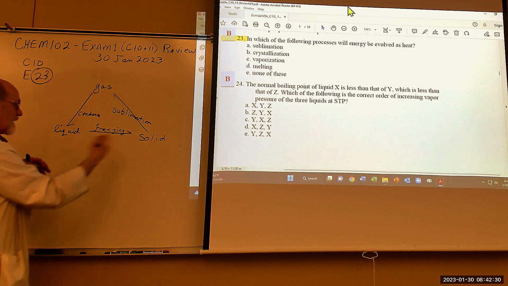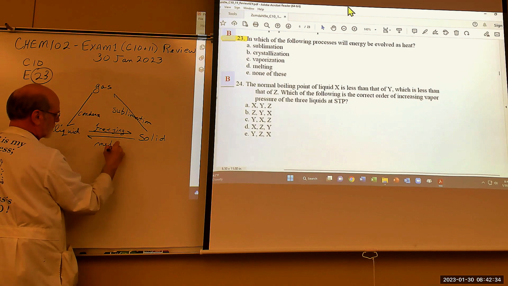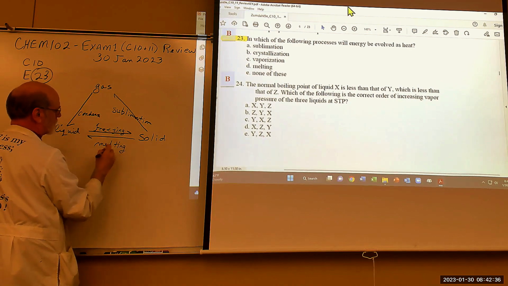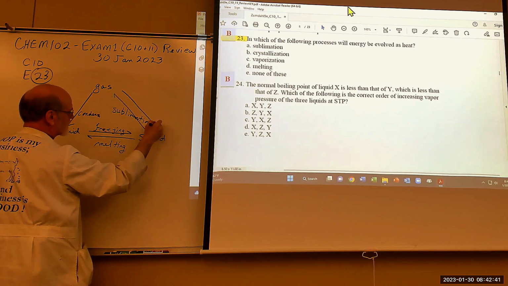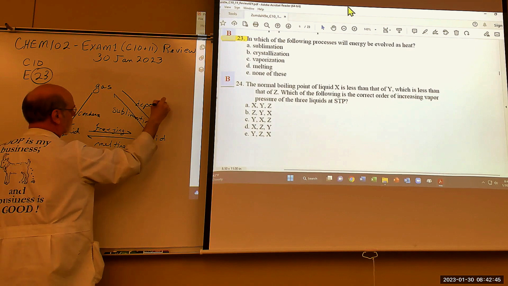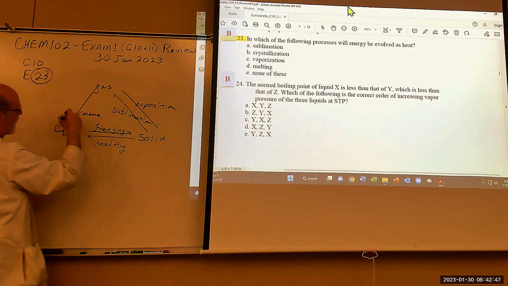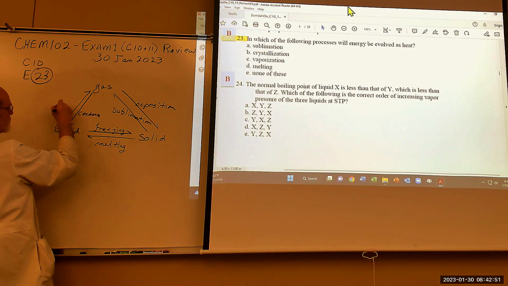Okay. Now we go back the other direction. Solid to liquid is melting. And gas to solid is deposition. And then we can go back this one. Liquid to gas, which is evaporation.